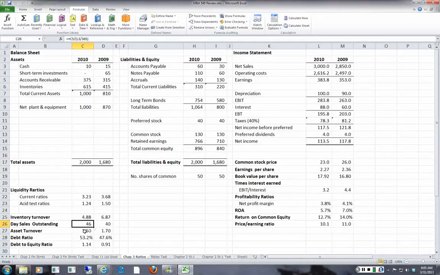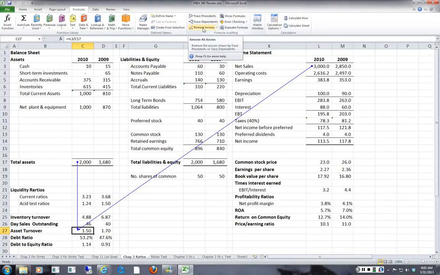That's pretty good. Asset turnover takes the assets of $2,000 and divides it into $3,000. So let me say it another way: it's net sales divided by total assets, which equals 1.5.